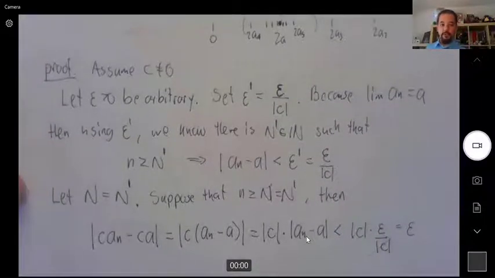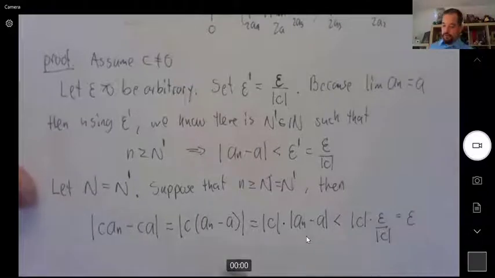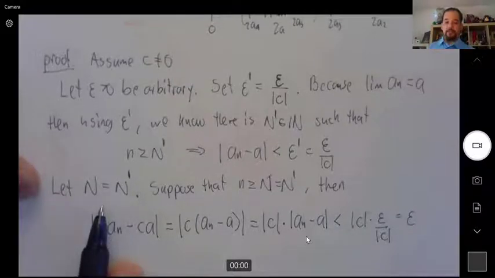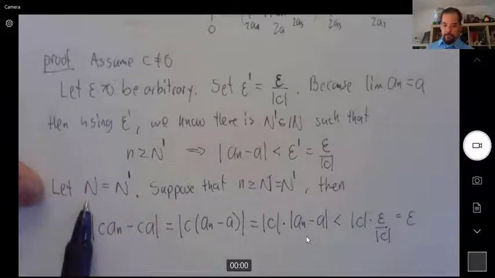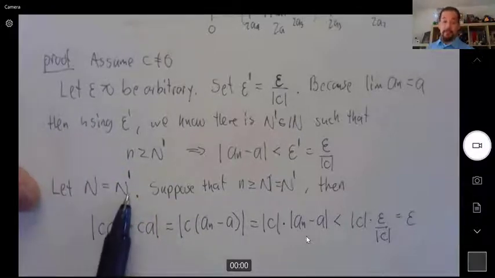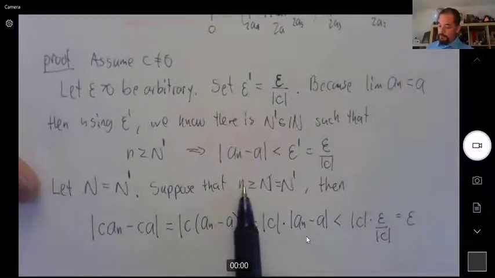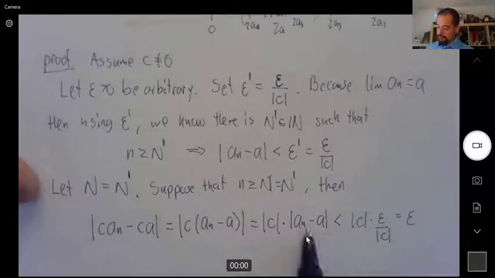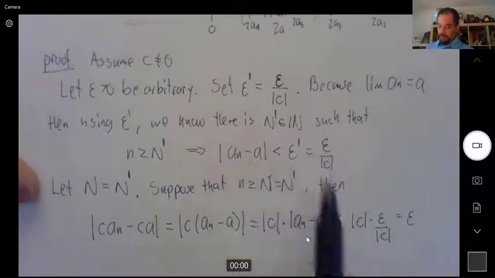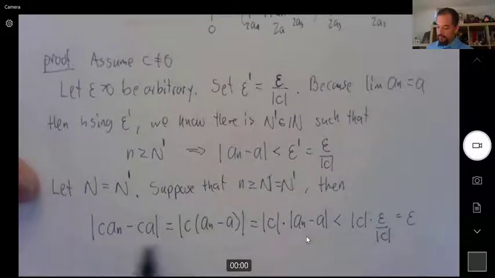And we're done, right? Let me check why we're done. What is it that we did? Given an epsilon, we found a capital N that in this case happened to be the same as the capital N prime. And then, if you pick a little n bigger than that capital N, this inequality works, the one that we had here, and we could use it here to get that |C a_n - C A| is less than epsilon.